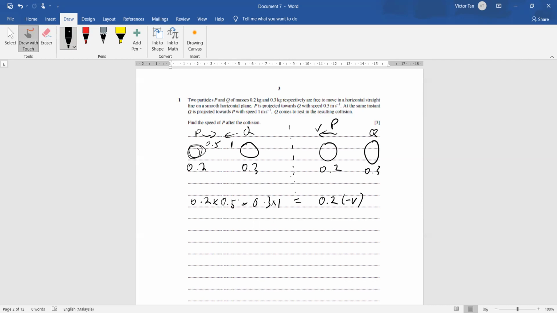This is minus, because Q is in the opposite direction. 0.1 minus 0.3 is minus 0.2 equals to minus 0.2 V, and therefore V equals to 1. That is the solution.